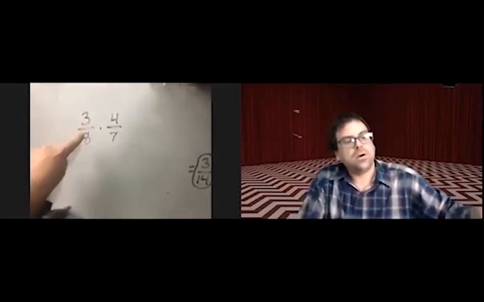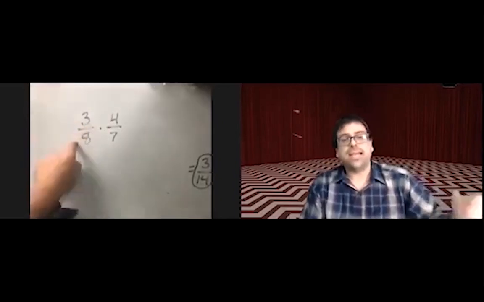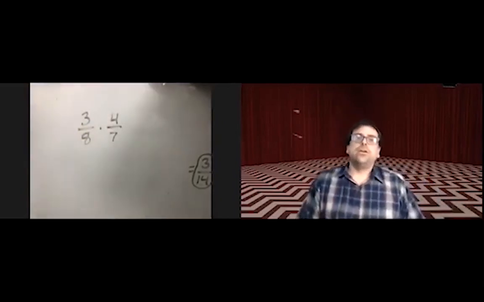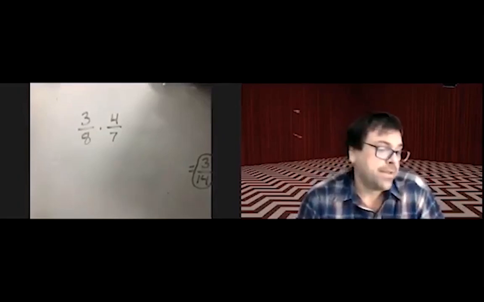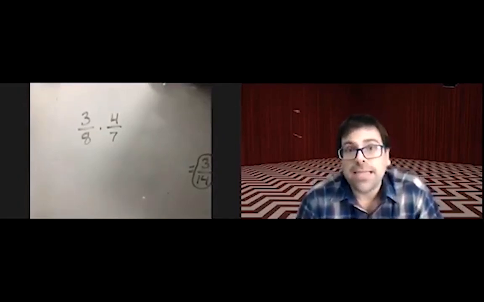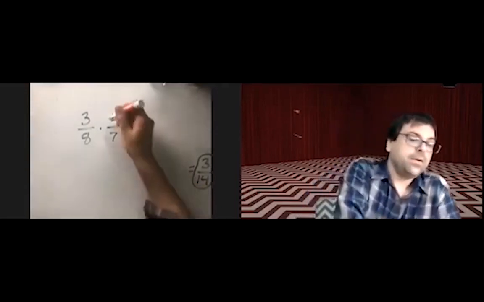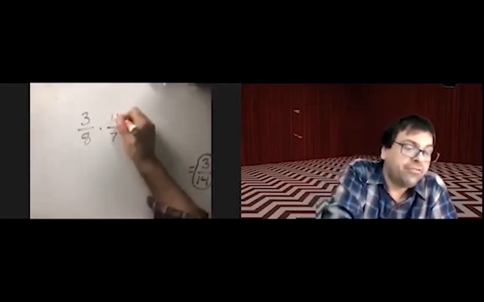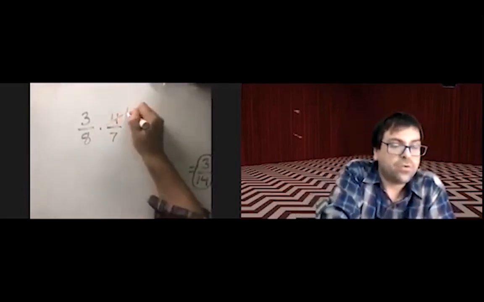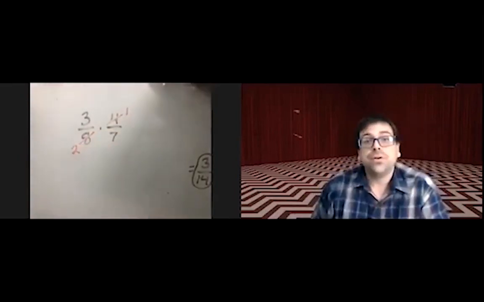4/8, that would be able to be reduced. 4/8 is 1/2. So what we're going to do is look for numbers on the top and on the bottom that both can be divided by the same number, and then we do it. 4 and 8 can both be divided by 4. 4 divided by 4 is 1. 8 divided by 4 is 2.